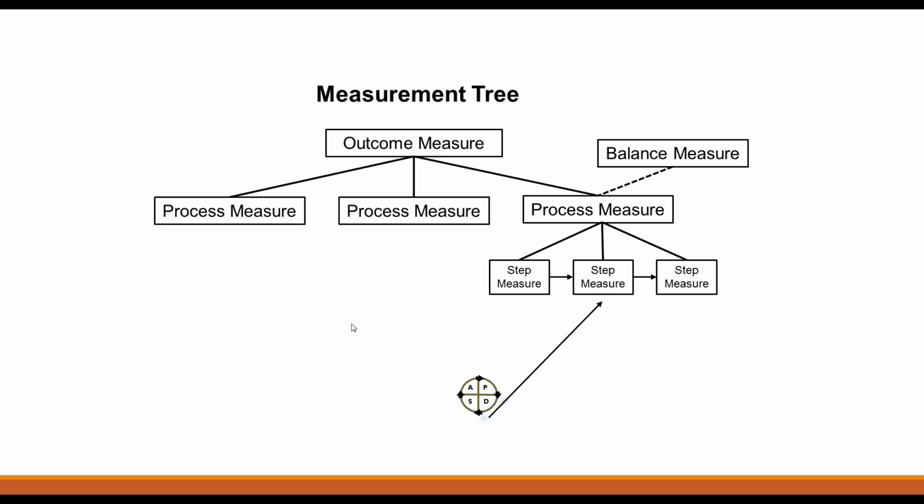So if I have a client identification process, or a client enrollment process, or a client intervention process, that process might be made up of 10 or 15 steps. And I might identify one of those steps, or two or three of those steps, or the time between the steps as being the place in the system where change is needed.